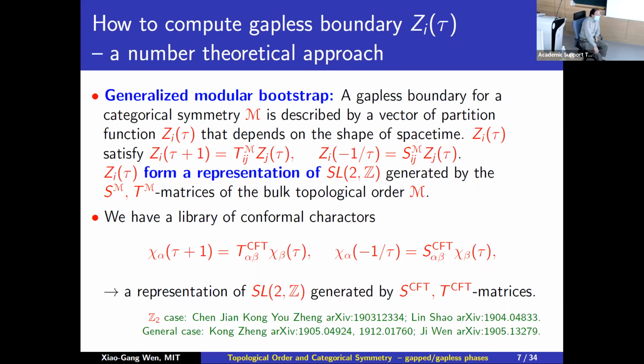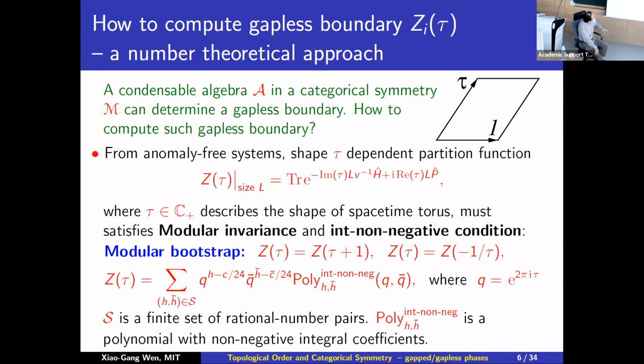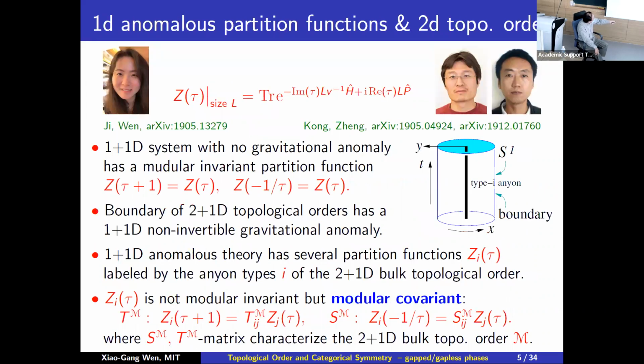So does the Z also count only the ground state property? Yeah, Z is a ground state property. It's a boundary ground state property, our boundary CFT property. Our goal is to compute the Z, which satisfies this condition given by SM and TM.